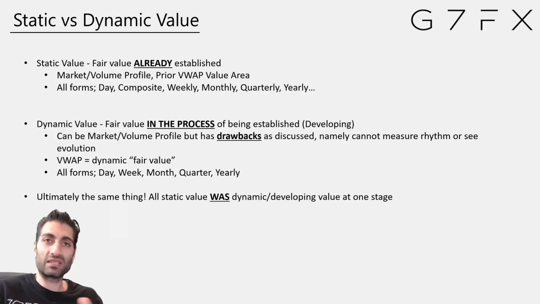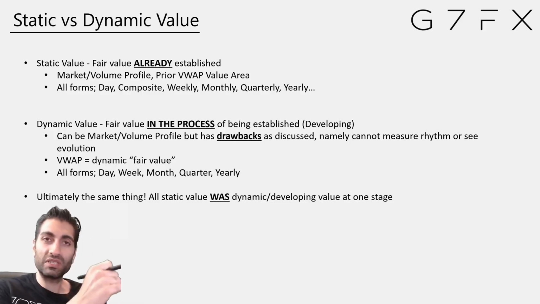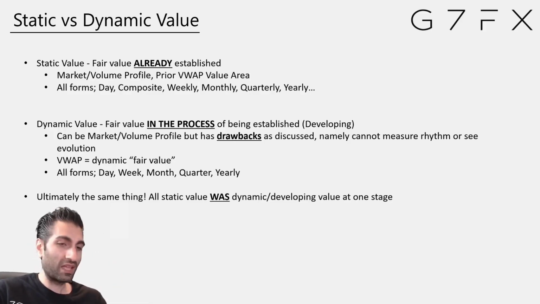You only know that it's a day VWAP because I told you it was a day VWAP, or you see it on your chart saying day VWAP. If someone didn't tell you, you wouldn't be able to tell. Now, technically, I know some of you are probably even more statistically and mathematically inclined than I am.